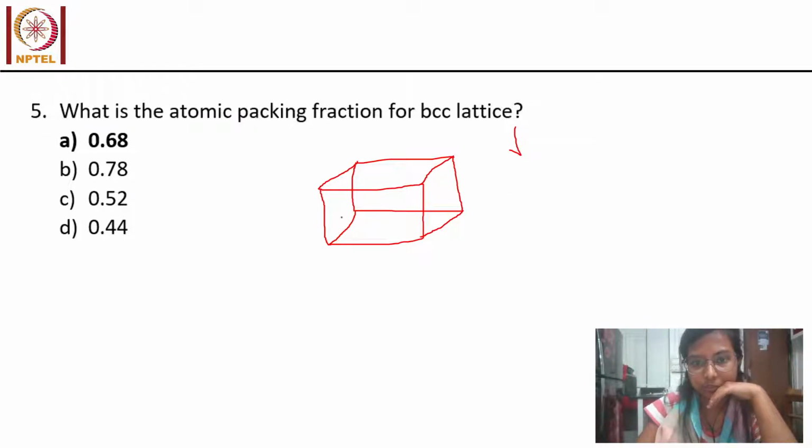So we have the body diagonal starting from here to here, which is my root 3a, which is combining one atom here at the center like this, one atom here, one atom here. So this will be my 4r, where r is the radius. So for one atom I have my radius as r, and this is my a.